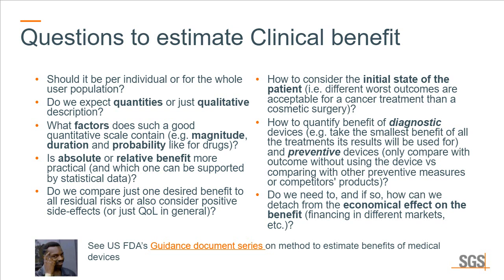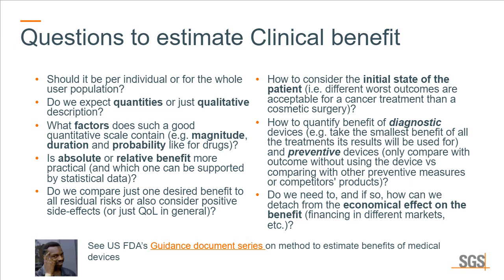And these three factors can be used both for the benefits and for the risks, and it kind of makes them comparable. So over the population, for a certain number of patients, you will have a certain level of benefit and a certain level of risk, and this can be defined for the different patient groups and user groups. So overall, in that way, you can develop a risk-benefit profile.